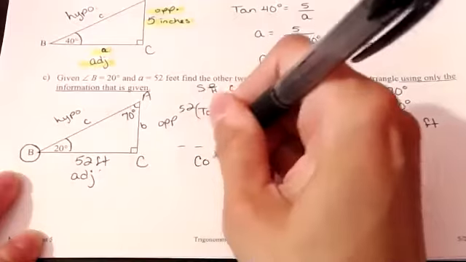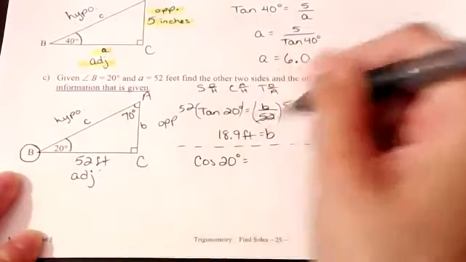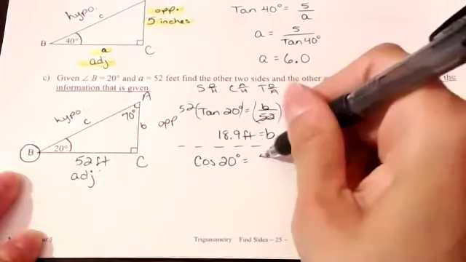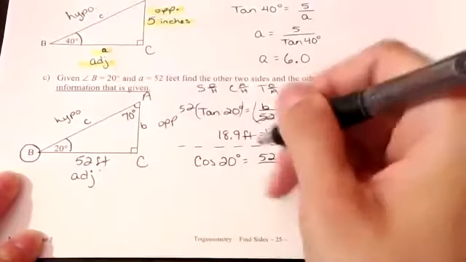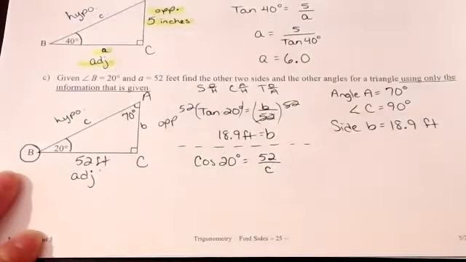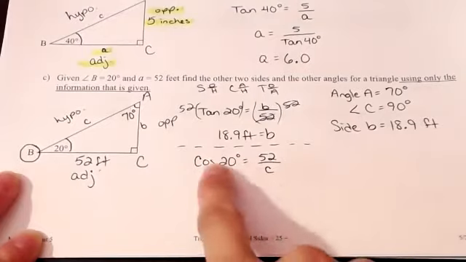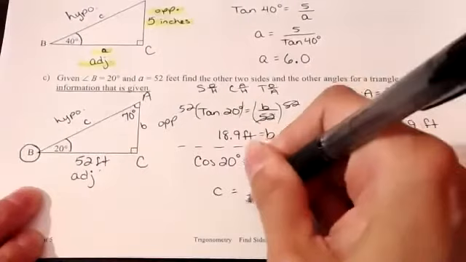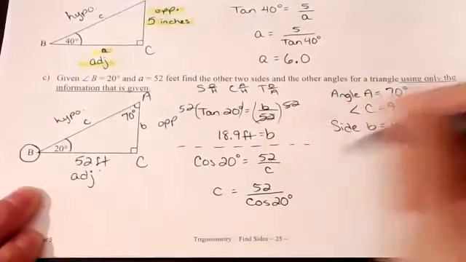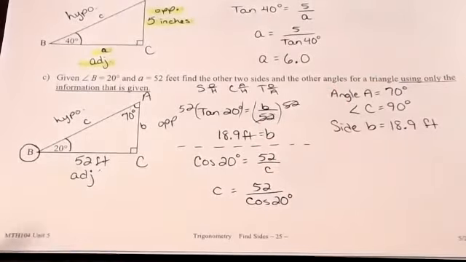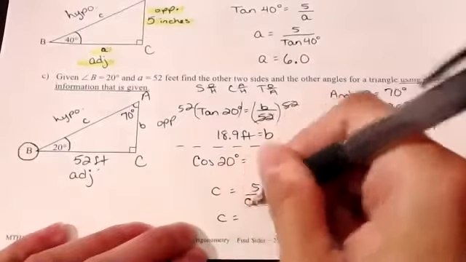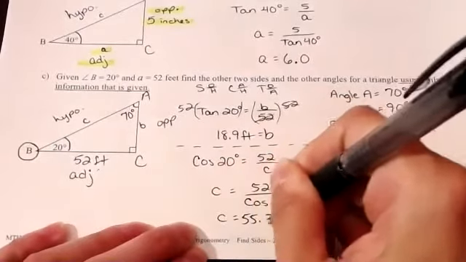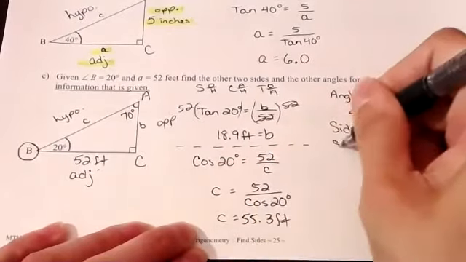So we have the cosine of 20 degrees is equal to adjacent 52 over the hypotenuse, which is C. These are going to trade places, so C is equal to 52 over cosine of 20 degrees. Now we just have to punch that in: 52 divided by cosine of 20 degrees, and we get 55.3. So side C is 55.3 feet.